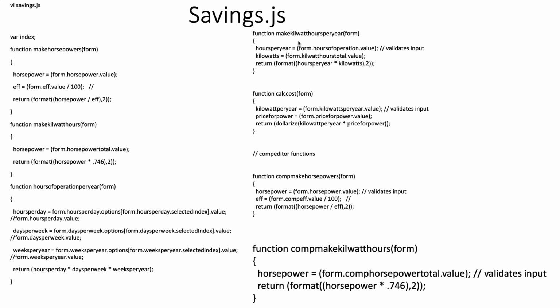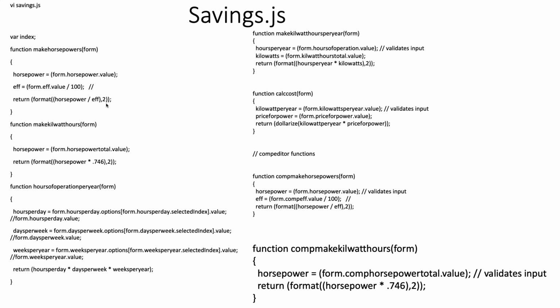So we're saying, well, if we get function makeHorsepower and the form value, then we're going to set horsepower equal to the form that we passed in, the variable horsepower value. Efficiency is going to equal the form's efficiency value divided by 100, and we're going to return the horsepower divided by efficiency to two places.